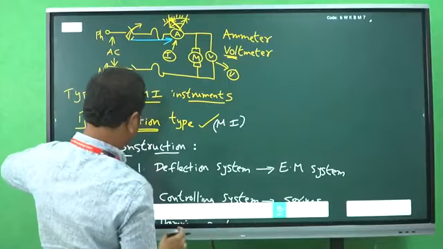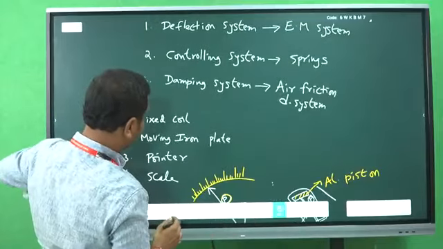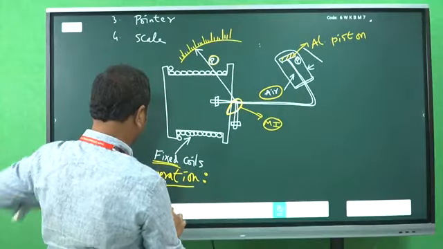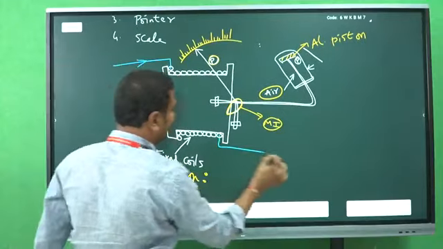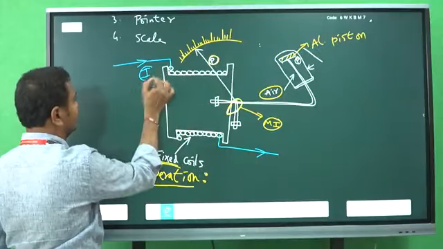Originally, the current will be flowing through the fixed coil. So this is the current value.